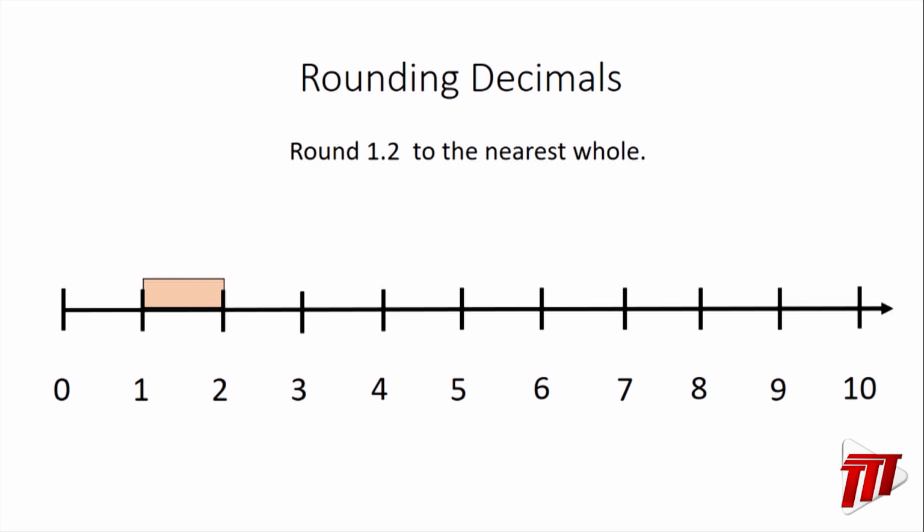It is going to be located between 1 and 2. So if we have to round 1 2/10 to the nearest whole, our answer is either going to be 1 or 2, because 1 and 2 would represent the two wholes between which 1 2/10 falls.